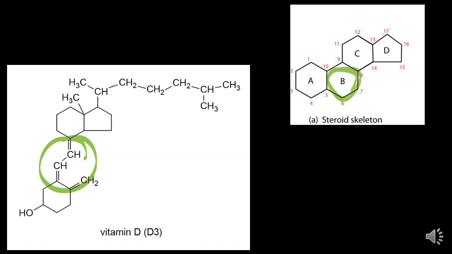So you can see here, if I go back to my pen, I have my A, C, and D rings. So this one is directly from your data book. So if I take a steroid skeleton and I break open that B ring, I end up with the core of a vitamin D molecule.